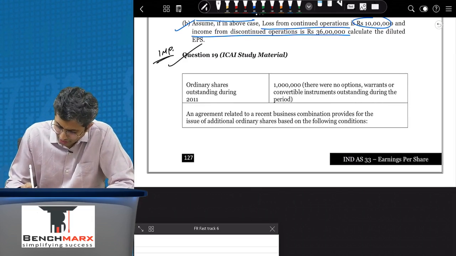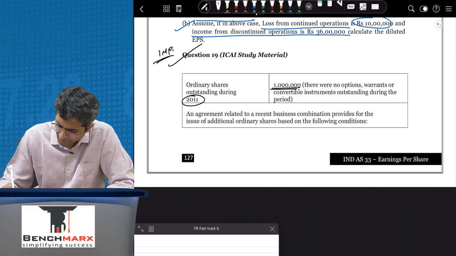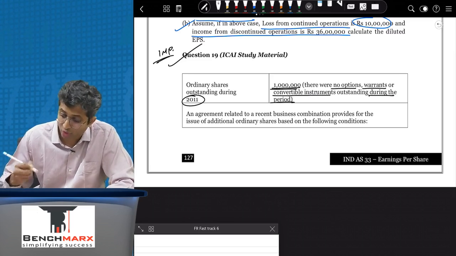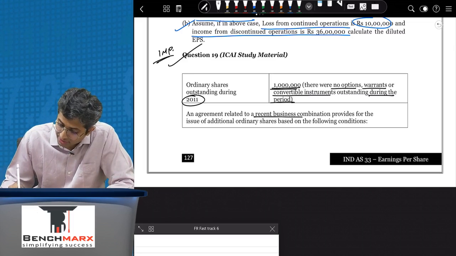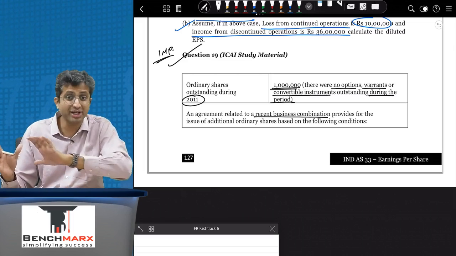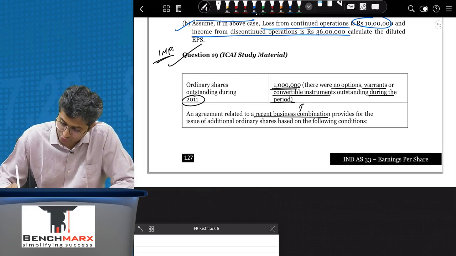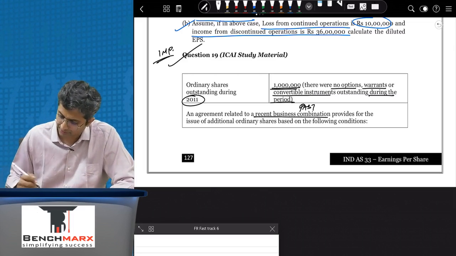Okay, the ordinary shares outstanding during 2011 is 10 lakhs. There were no options, warrants or other convertible instruments outstanding during the year. So there are no other potential equity shares. An agreement relating to a recent business combination. So this business combination has already been done in the past.